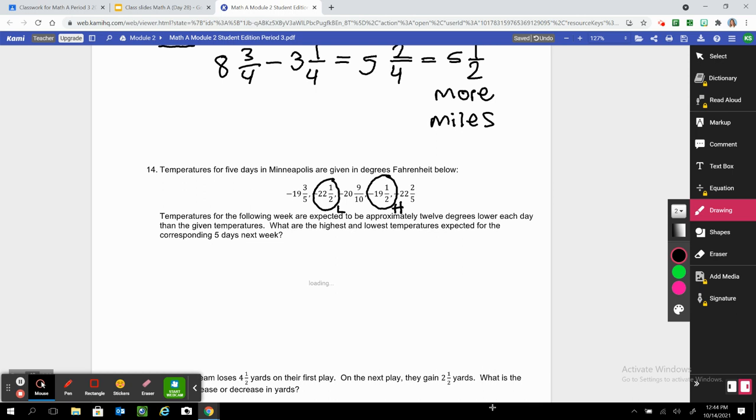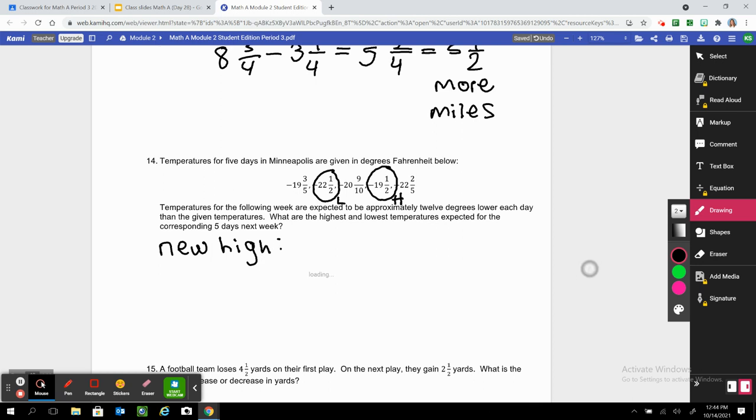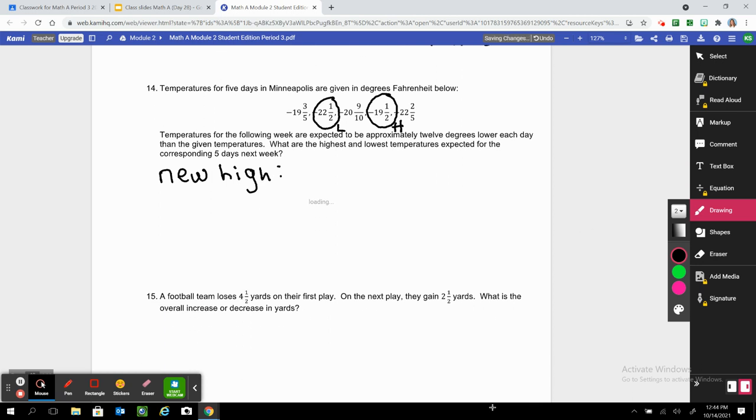So for my new high temperature, I'm going to take my -19.5, and it says it's approximately 12 degrees lower than that. So I'm going to subtract 12 and get -31.5, because -19 plus -12 is -31.